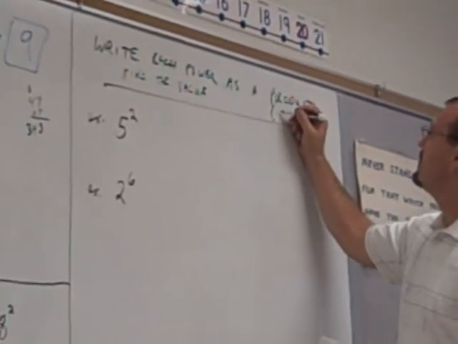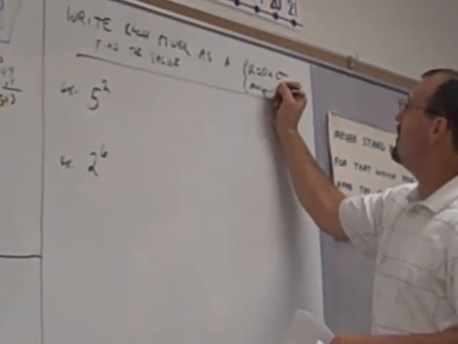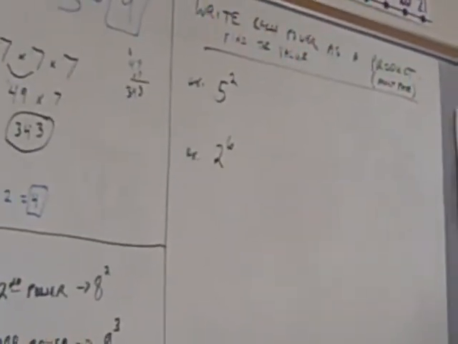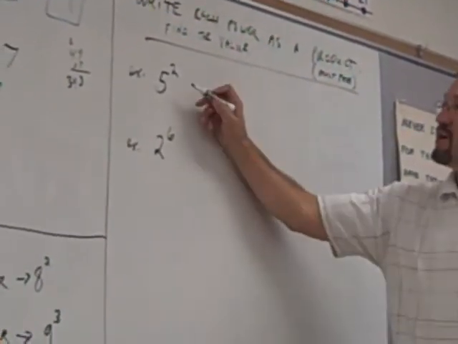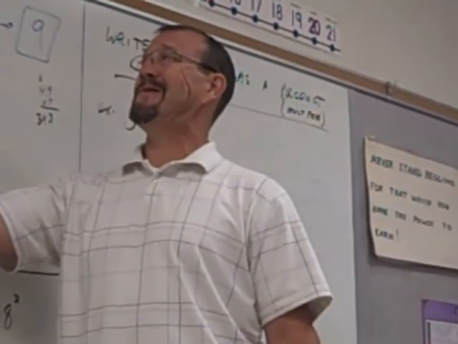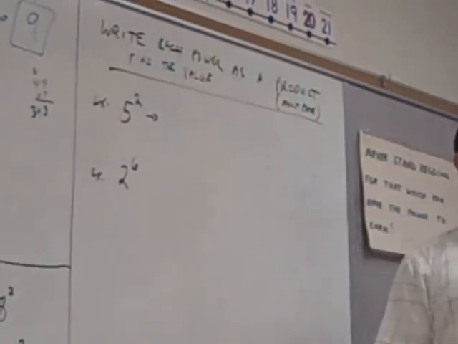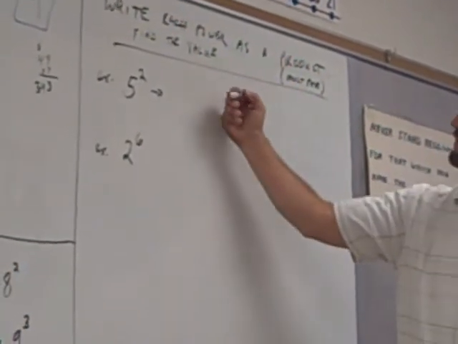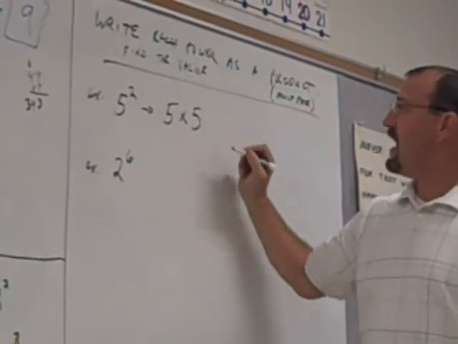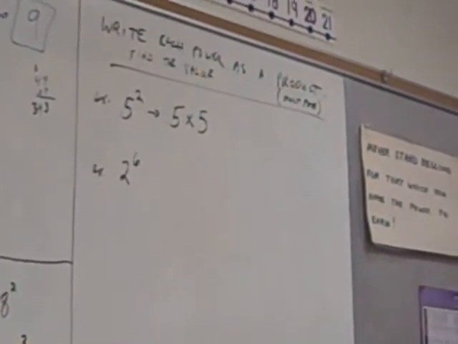Product means multiply problem, right? So, can I turn this into a multiply problem like I did this one over here? Yes, I can. What does this mean? 5 times 5. 2 5s being multiplied.